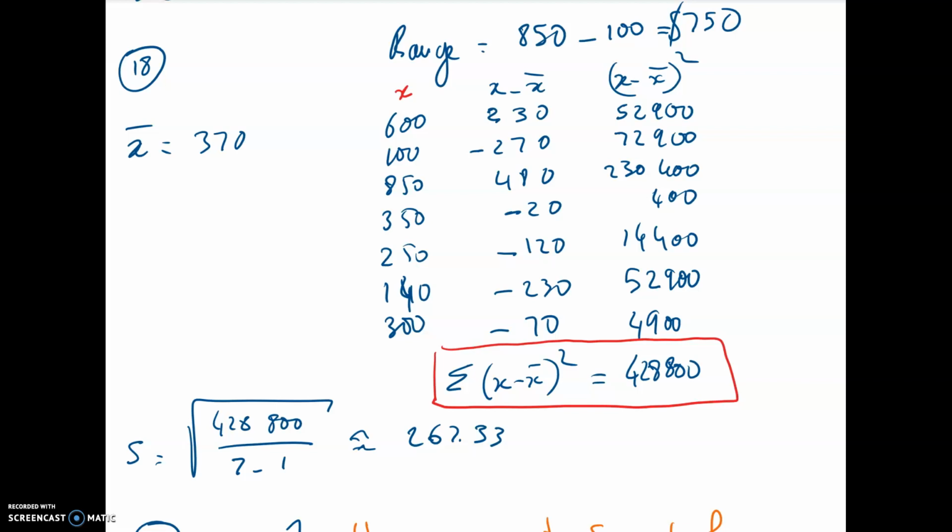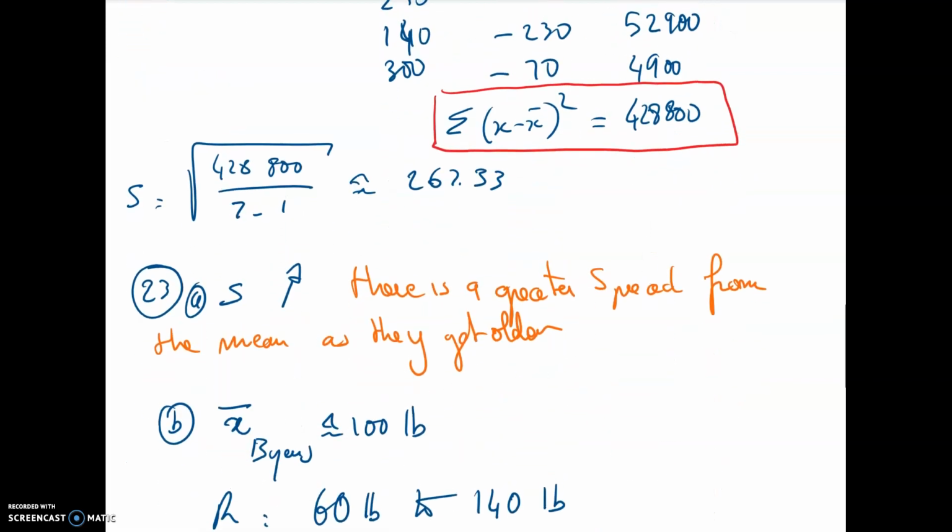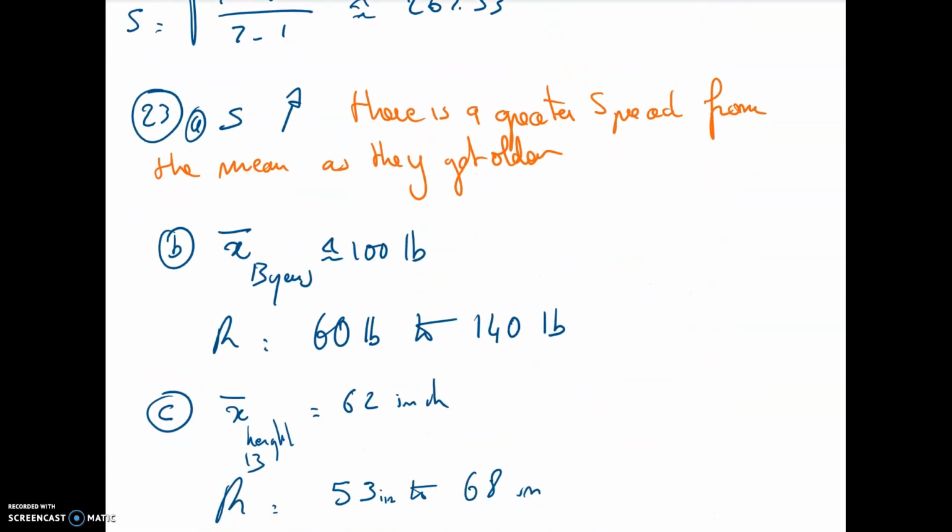And then when I calculate the standard deviation, I take the sum of x minus the mean squared divided by n minus 1, and I arrive at a value around 267.33.